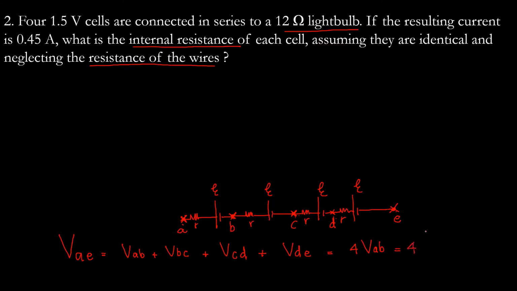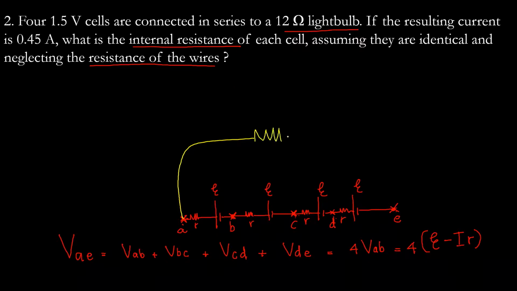And we know VAB, the terminal voltage across one cell, is given by EMF minus the current going through the circuit times the internal resistance. So in the problem, they are saying these 4 cells are connected to a light bulb, which is 12 ohms in resistance.